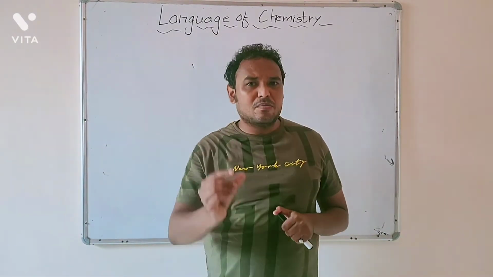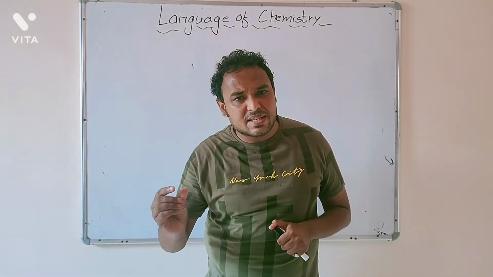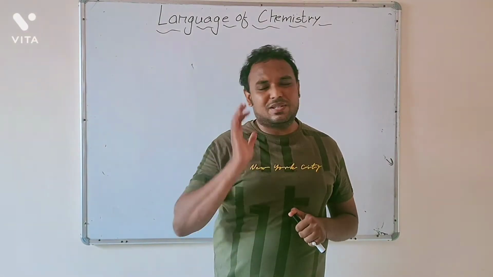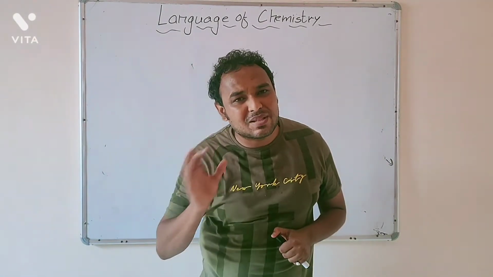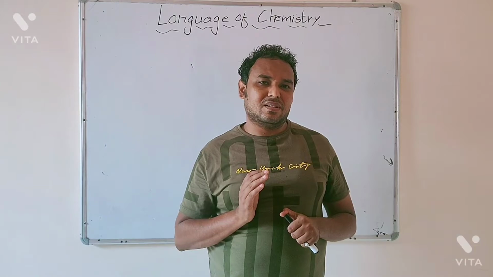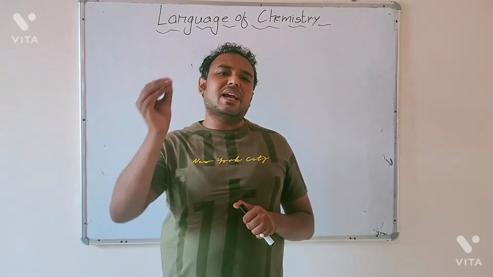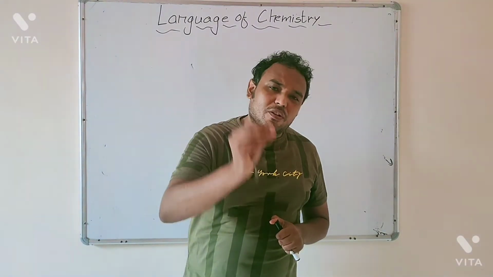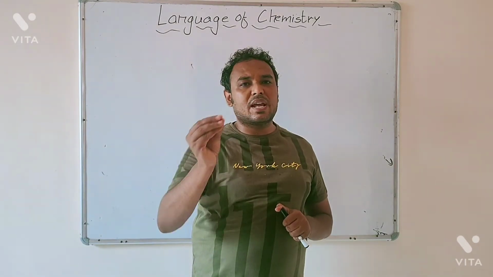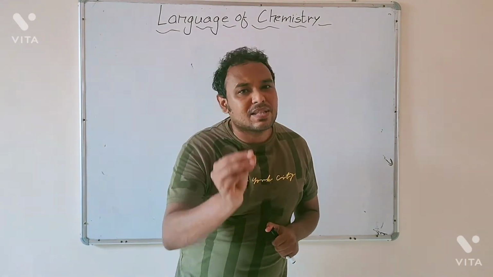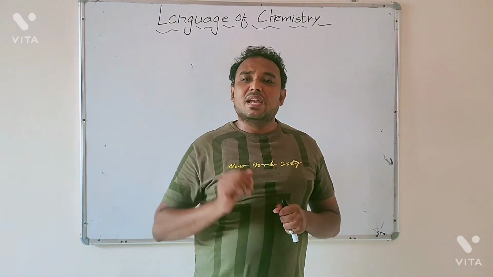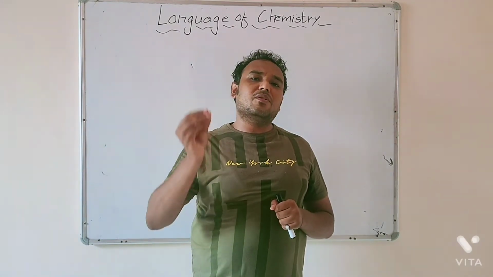This short form is known as a symbol. What are chemical symbols? The representation of an element by a short form or abbreviation is known as a chemical symbol. Each and every element has its particular chemical symbol.